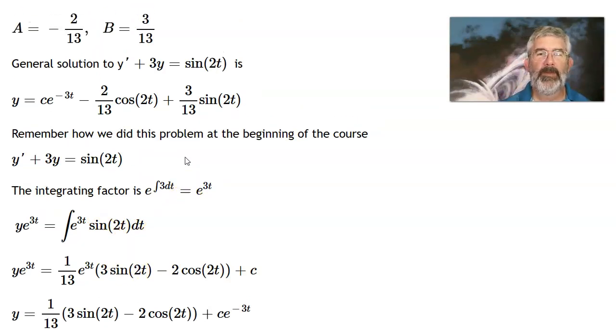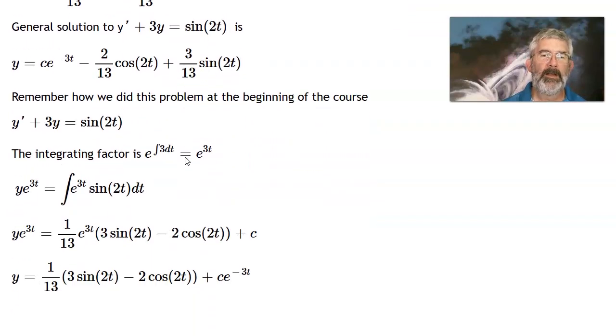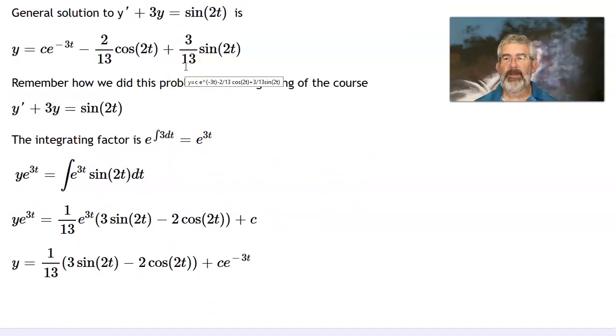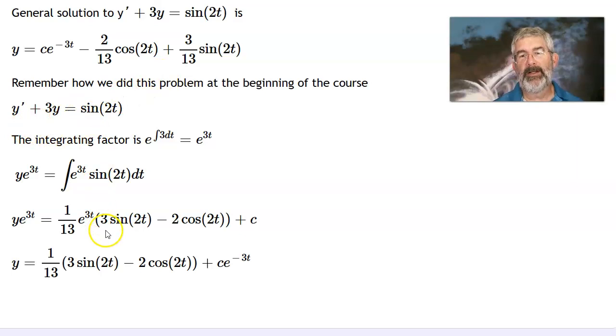But this was not. And really the reason why we didn't do this other method before is that this other method applies when I have constant coefficients. I need a linear equation, but not just any linear equation. I need a linear equation with constant coefficients. This thing that we did back on day 2 of the course, p of t could have been any function of t.